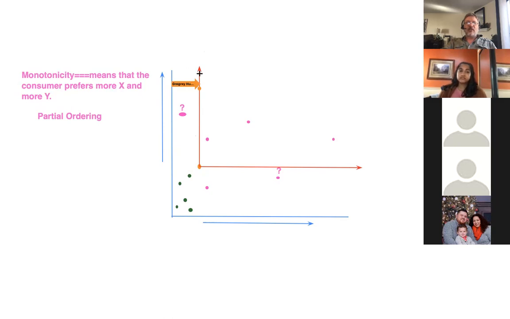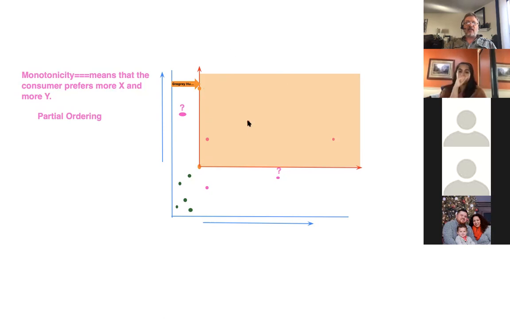Let me see if I can do a good job here. So all of the points there are preferred to the orange point because they have at least as much of one of the goods and strictly more of the other good, or they've got more of both goods. So monotonicity allows us to look at each point and identify, for example, let me try to get another color that'll work, the preferred set.